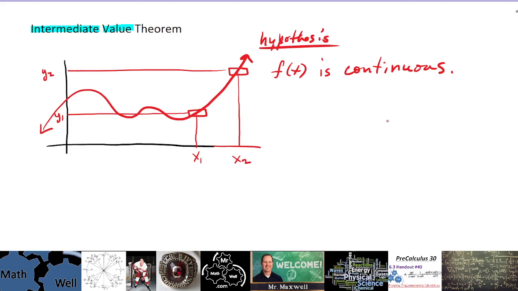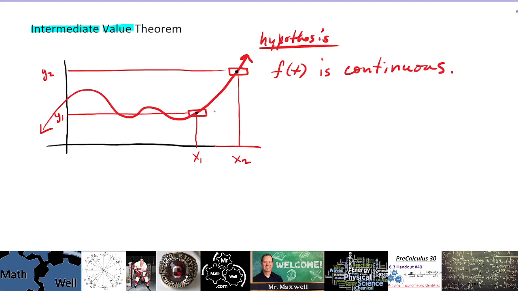So what the intermediate value theorem states is that between these two points, if this line is drawn and there's no gaps or discontinuities, there's no asymptotes, if it's continuous, it doesn't even have to be differentiable, it just has to be continuous. I'll talk more about what differentiable is, we'll talk about that soon, maybe even today.